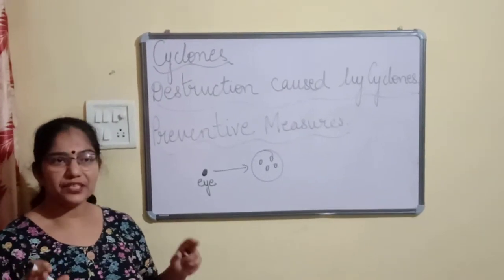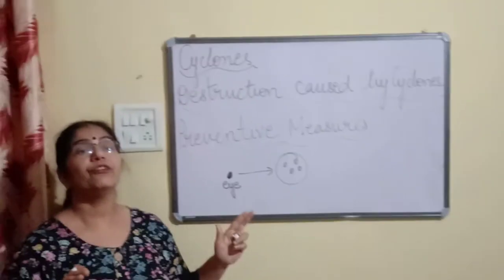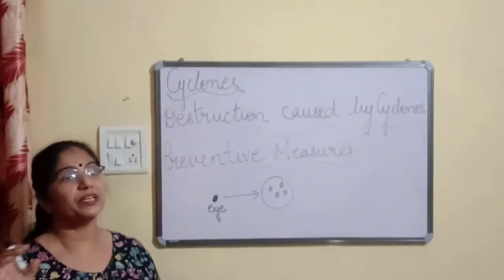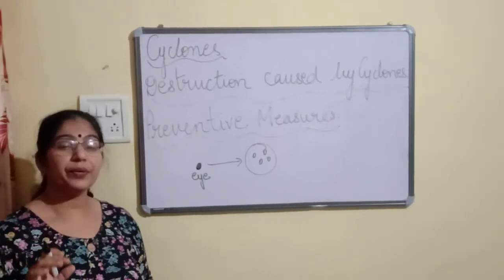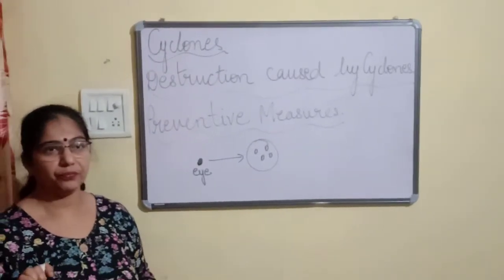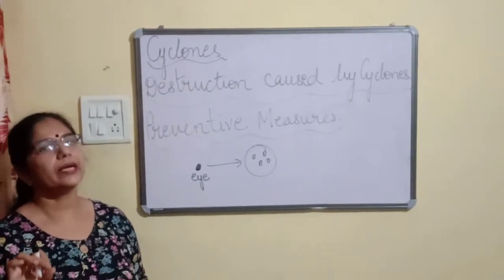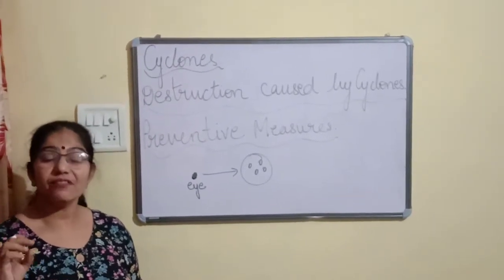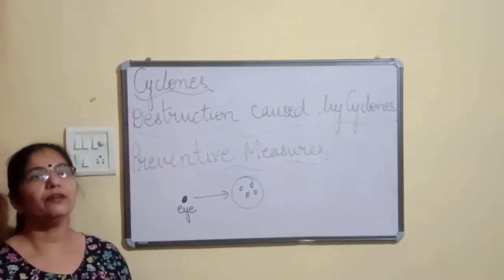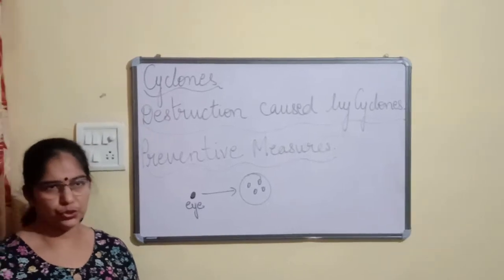So you can imagine, children, the disaster. The first indication of a cyclone can be observed when strong winds are blowing and you can see the water moving away from the shores.